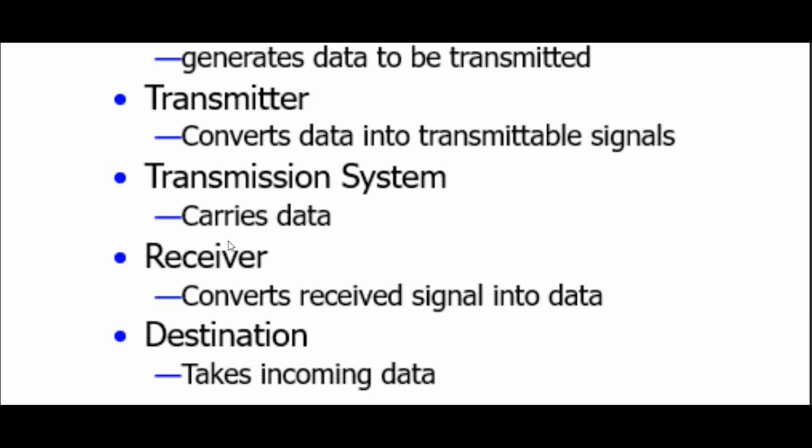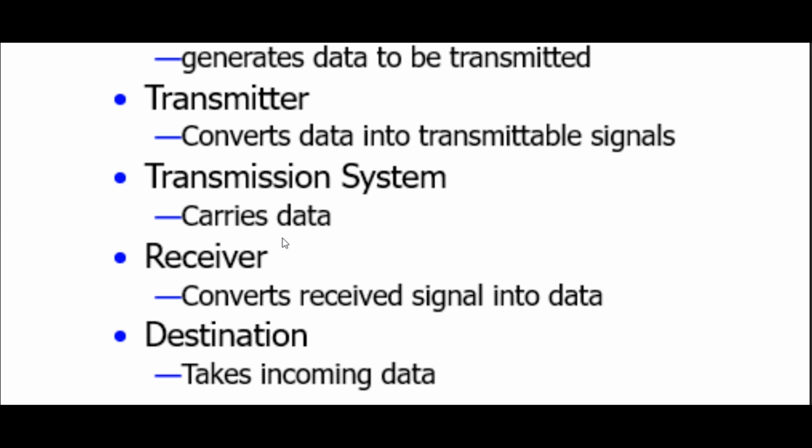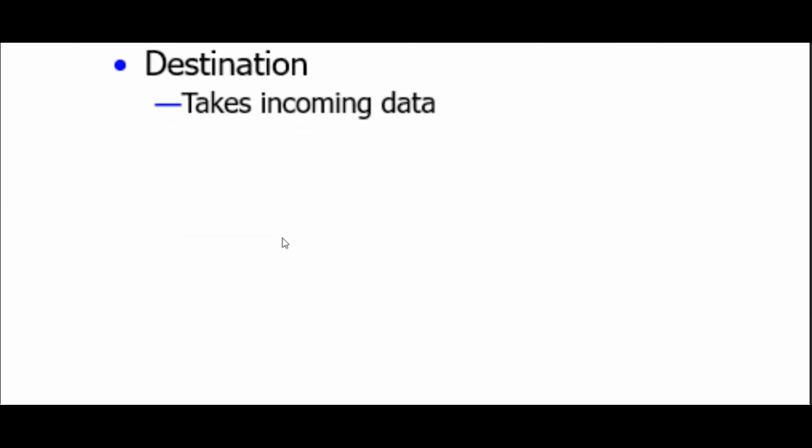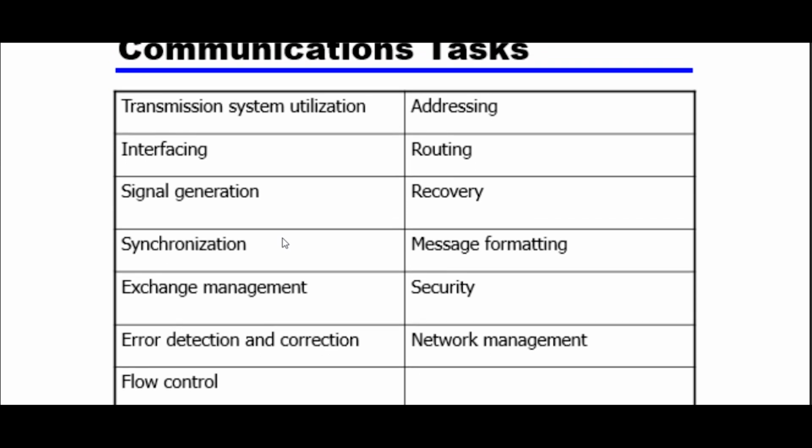For example, if we are communicating between two computers through an Ethernet wire, the computer is acting as a source, and the transmission medium or transmission system is the one that is carrying the data, that is the Ethernet wire. There are many tasks which happen during communication, most of which we will study in this course of data communication and networks.